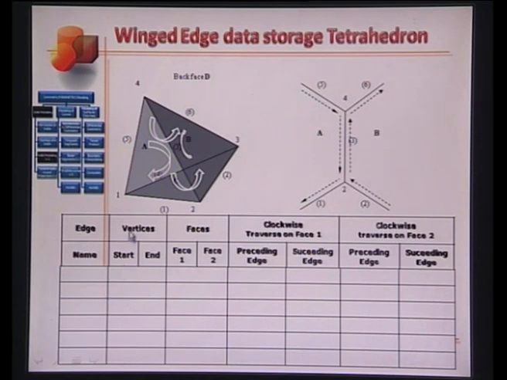For each edge, we'll have a start vertex and an end vertex. There will be two faces incident on the edge, face 1 and face 2. If you perform a clockwise traverse on face 1, what is the preceding edge, what is the succeeding edge, and likewise if you perform clockwise traverse on face 2, again what the preceding and succeeding edges are. We will record all these.